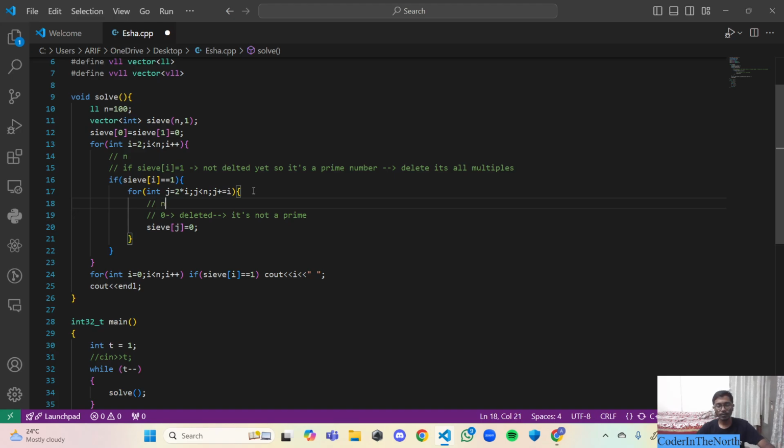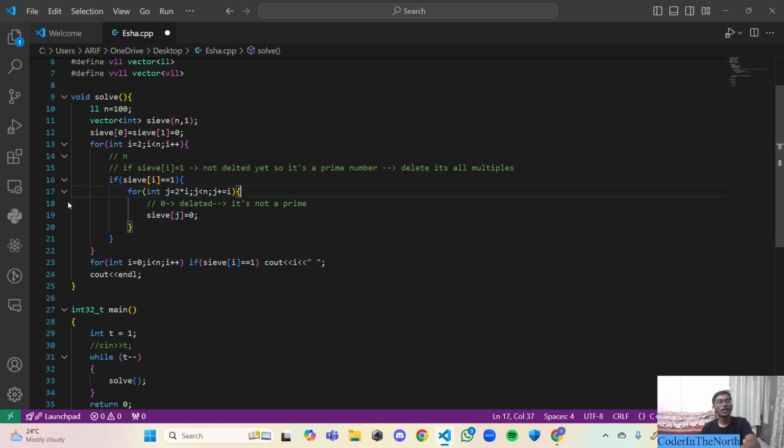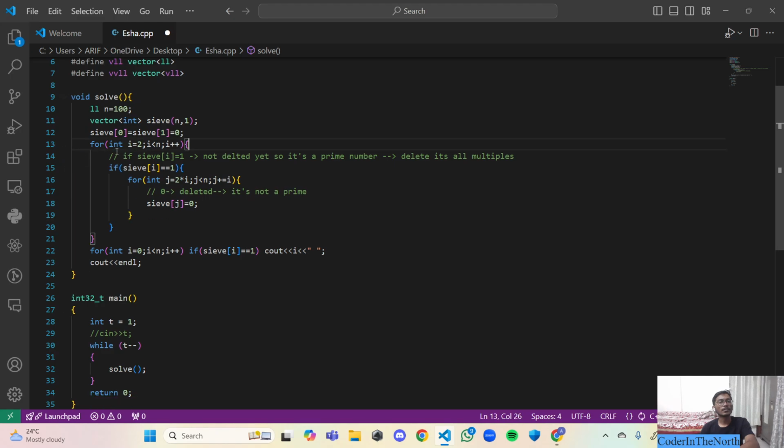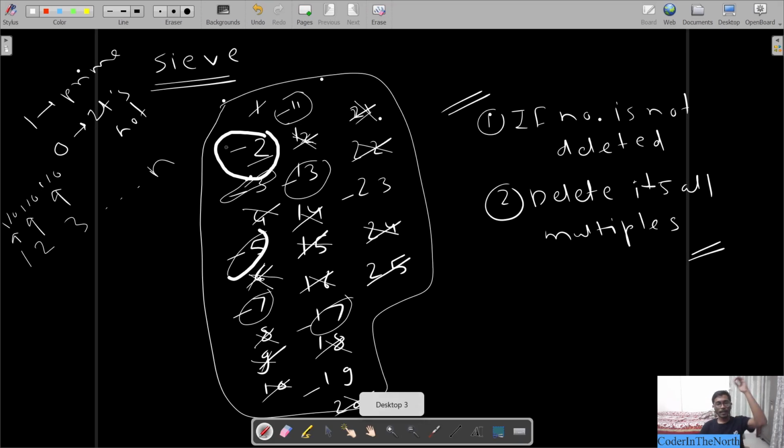Like for 2 it will be n by 2, for 3 it will be n by 3, for 4 it will be n by 4. So basically, the time complexity goes like n log n in this case, and we can optimize it.